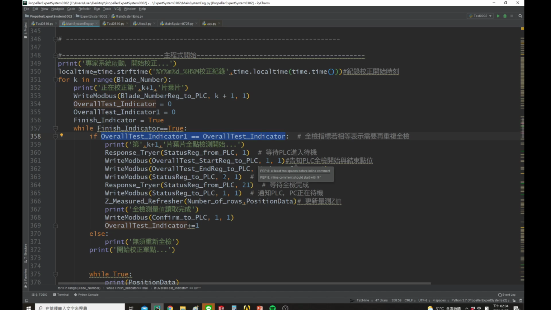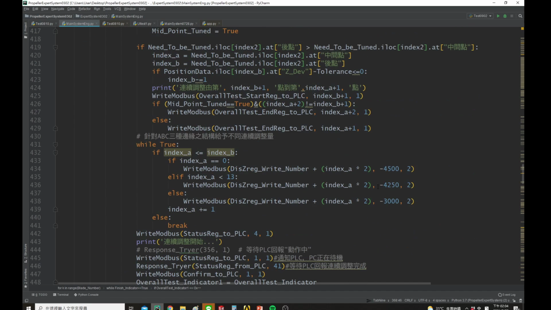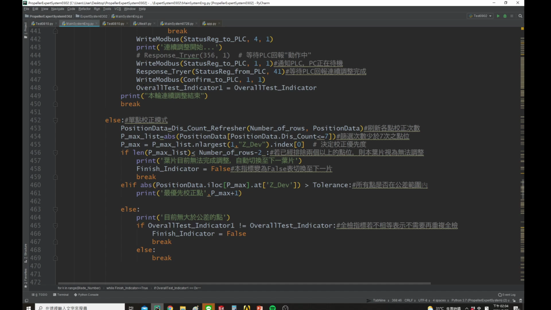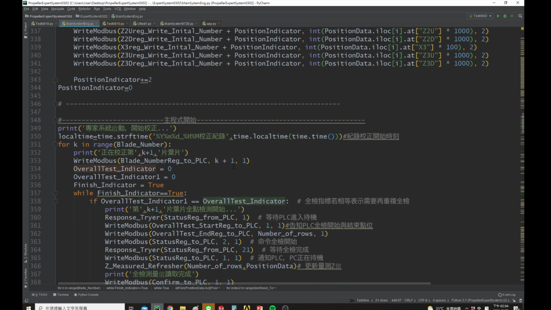That's why after one overall test, this indicator will plus 1. And if it got tuned, overall indicator 1 will become the same value. That means when it comes back to the beginning of the loop, it will fall into this discrimination.